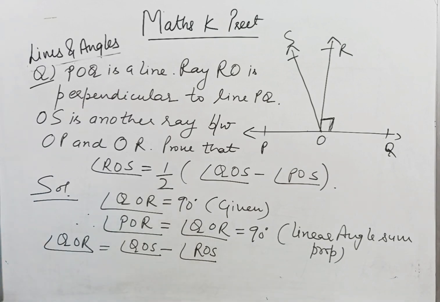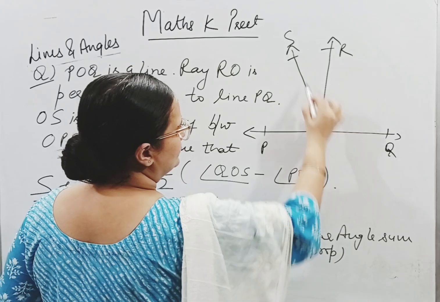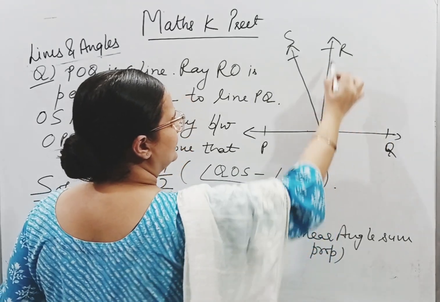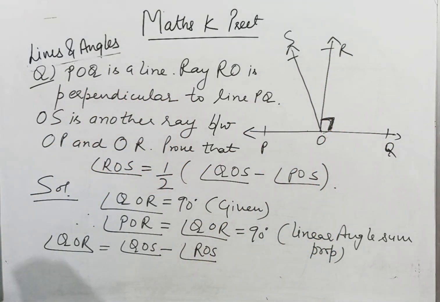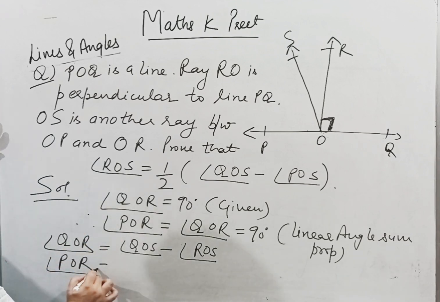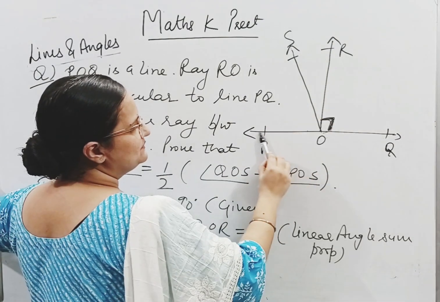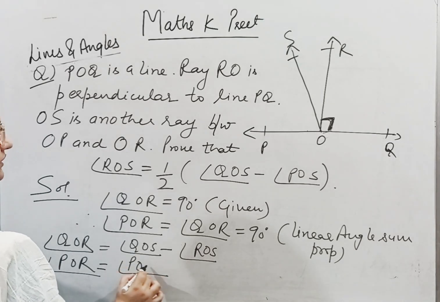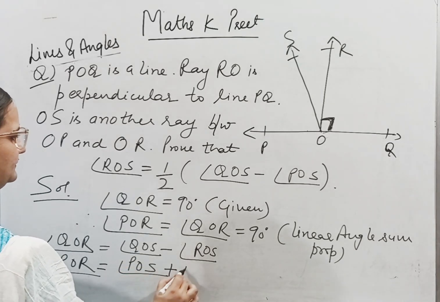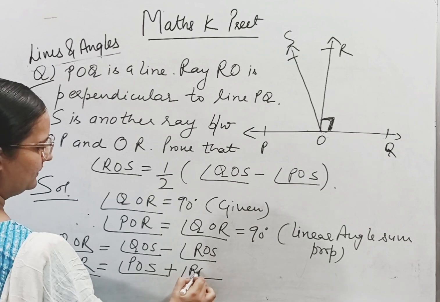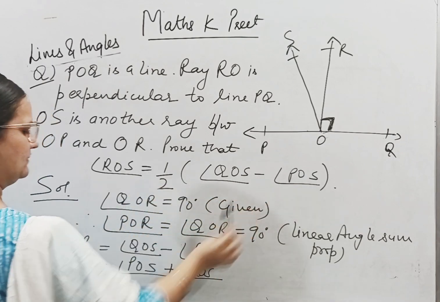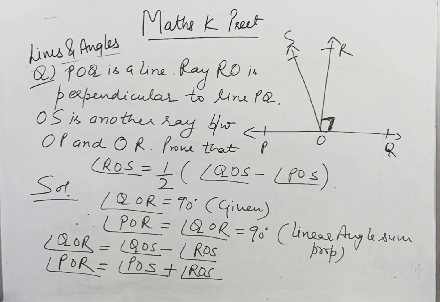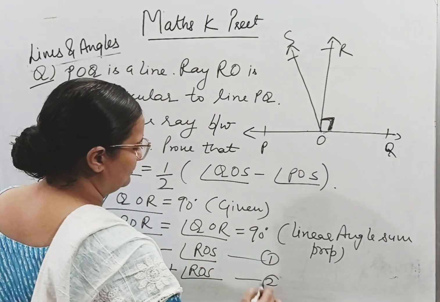In the question, the angle is ROS, so I will take ROS. Next we will write POR. POR can be written as POS plus SOR, the sum of these two angles, or ROS. I will take ROS according to the question. POS is fine. Now I have these two equations, number 1 and number 2.